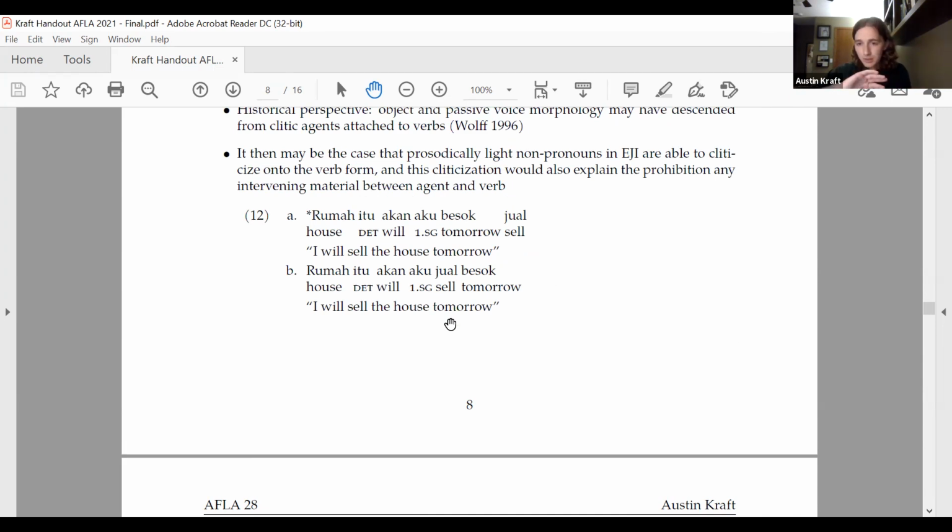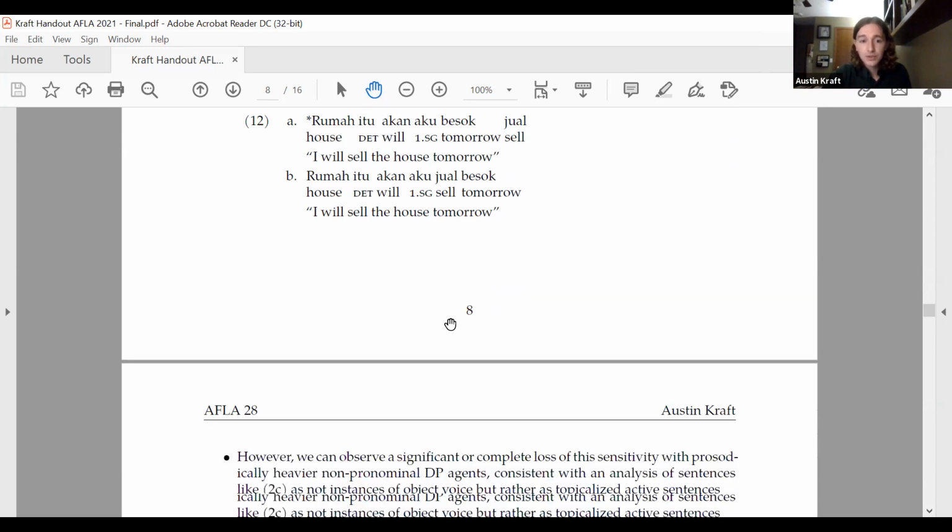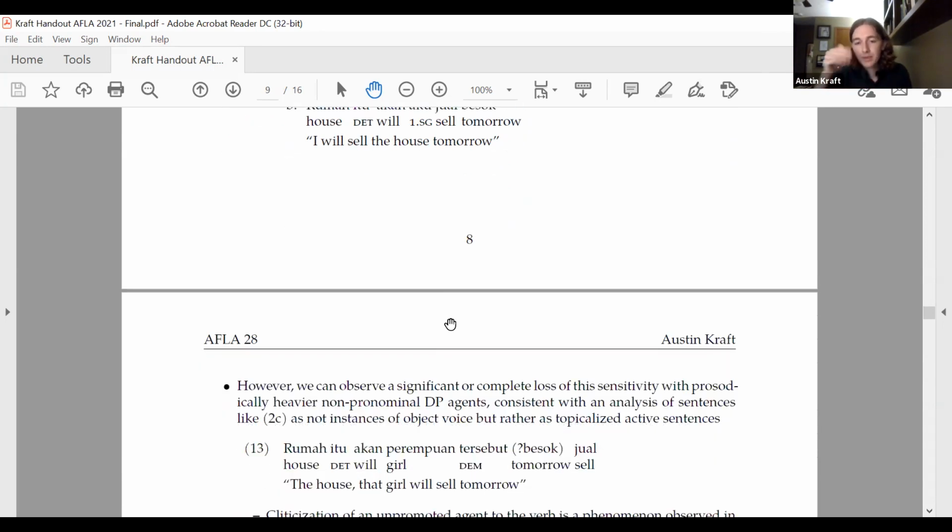We don't have that ungrammaticality when in the object voice we have something away from that agent verb zone. And the consultants found sentences like 13 generally not to be as bad. And for some, it was a complete loss of that sensitivity to interference where we have this temporal adverbial.